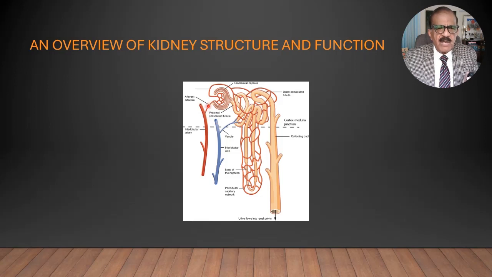Anything which brings blood to a structure is called afferent, afferent with A. And this is a tuft of capillaries, and fluid is filtered into this space called Bowman's capsule. And then it goes on to the tubules, and the blood goes back not into veins, but into the efferent system. So the glomerulus is supplied by an afferent and drained by an efferent with E.